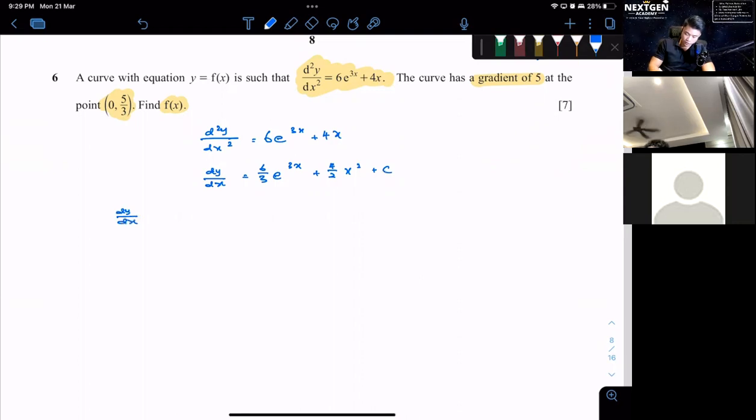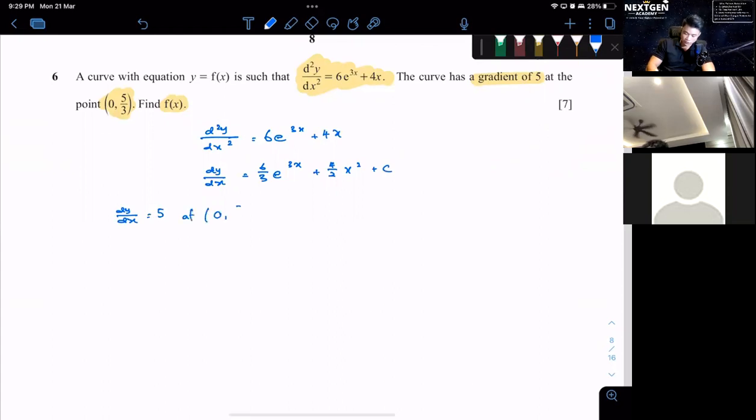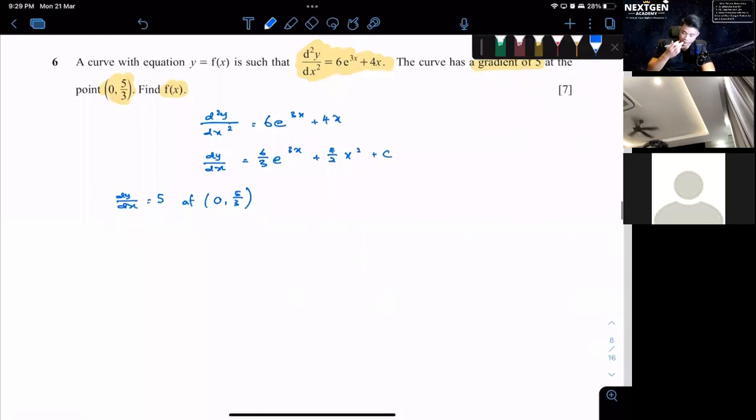So when dy over dx, they gave us, right, when the gradient is equals to 5 at 0, 5 over 3. Okay, so I need to find at this particular point. So dy over dx is equals to 5, then 2e to the power of 3 times 0 plus 2 times 0 squared plus c.